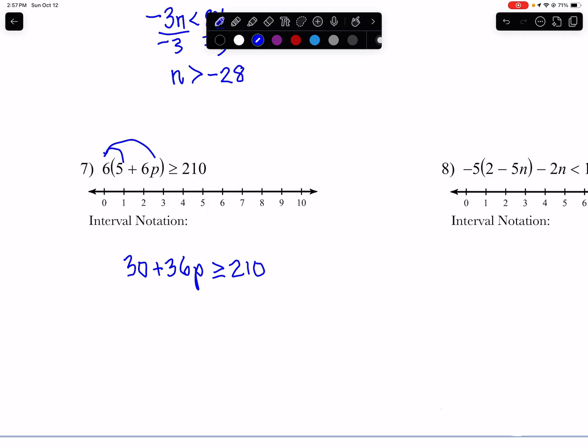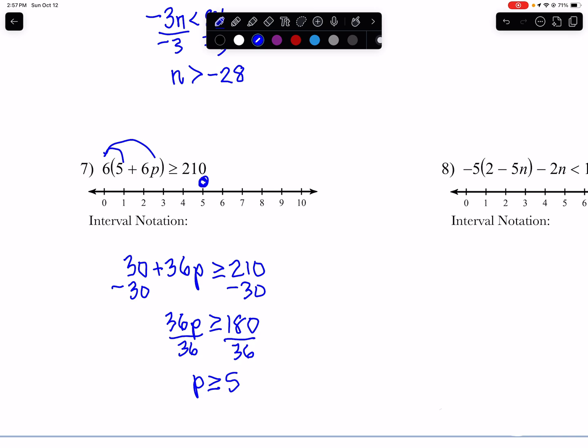Okay, I want to get p alone, so we're adding 30 to the term that has p in it, so it makes sense to subtract 30. So we got 180. Okay, and if we divide both sides by 36, we get p is greater than or equal to 5.